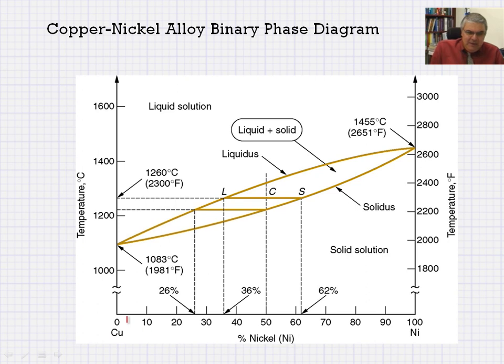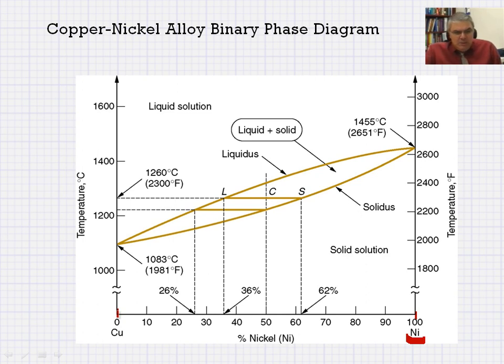Let's take a look at the x-axis here. At the point of 100, there is an element right next to it. This is the point of 100% nickel, and to the left where it shows 0, this is the point of 0 nickel. That means it's 100% copper. This is a very smart way of showing the composition of the material.